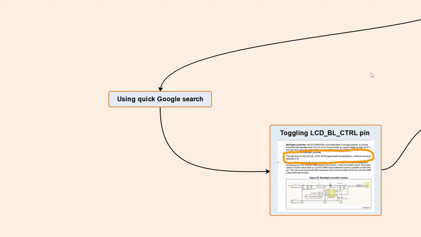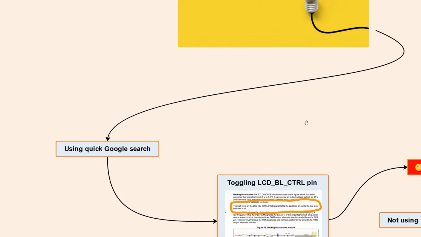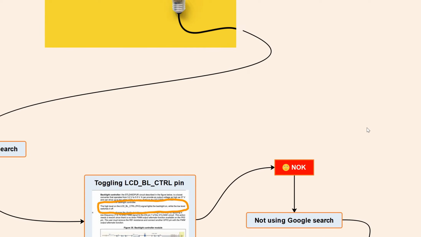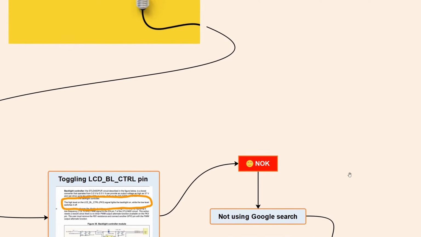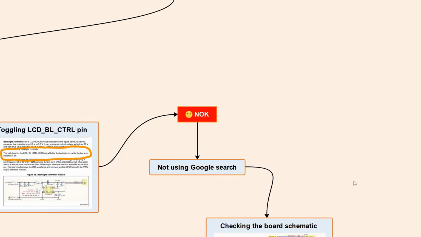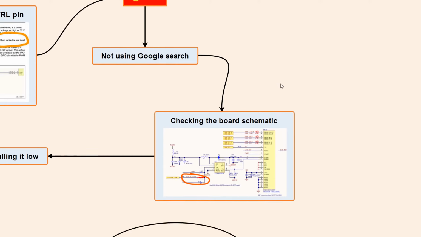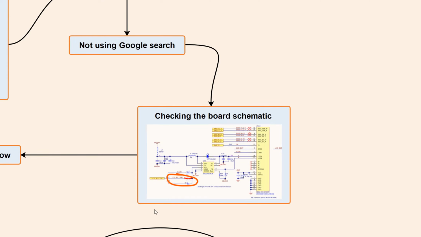So I started doing exactly that, but the issue is it didn't really work. So I decided to not use Google search, and to go directly to check the data sheet of the board. I started looking at the schematics, and I found the LCD backlight control pin again.